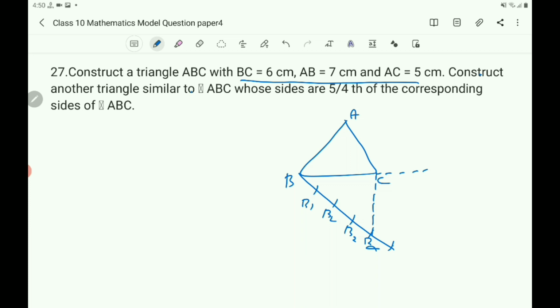Then take a convenient radius and draw the curve, and with this as a center, the same measurement, draw the curve and find the distance between these two, and with this as a center, the same measurement, cut, then you will get the same angle here. Then you can draw the parallel line.